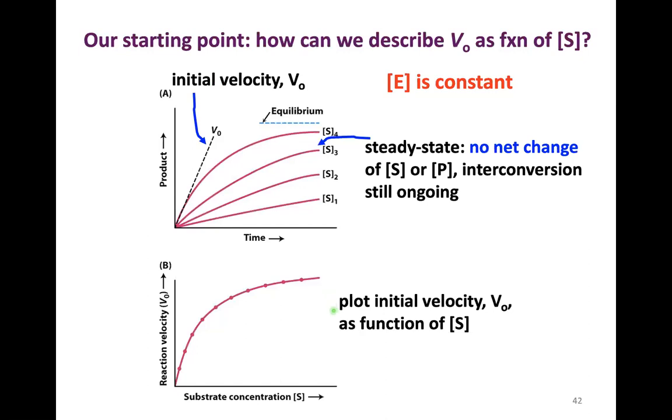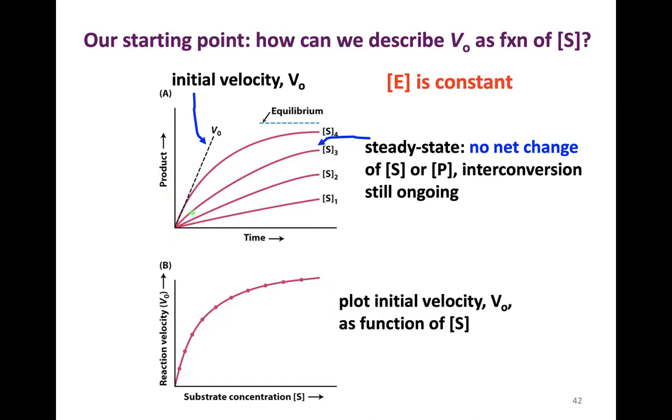Okay, so we do monitor the formation of product as a function of time, as I just described on a couple slides ago. So at this initial substrate concentration 1, we have this initial velocity, and as we increase the concentrations of the substrate, you can see that the initial velocity increases.